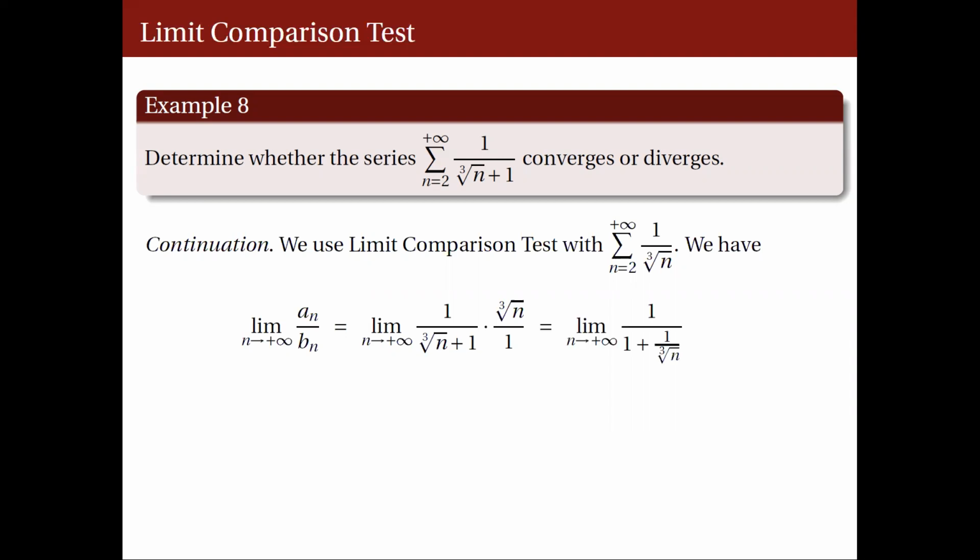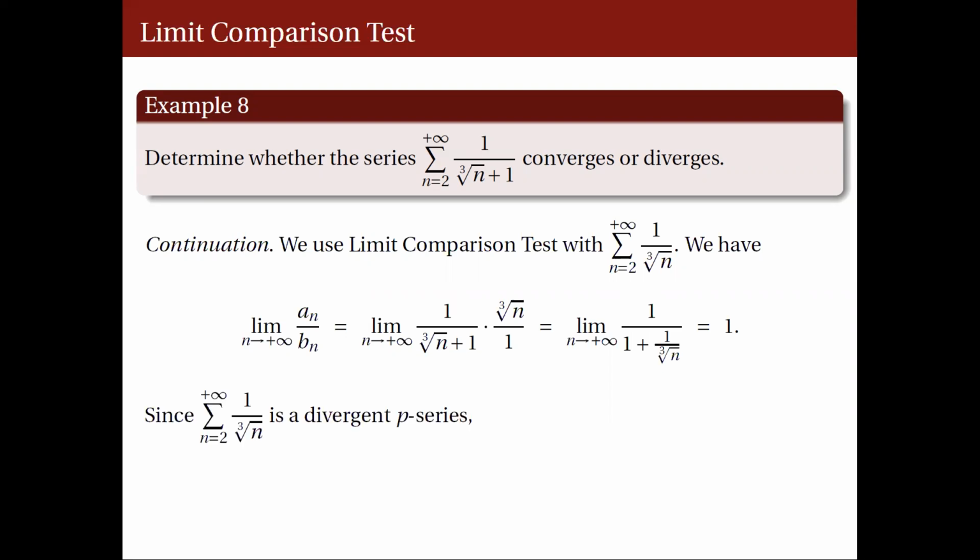I-divide lang natin ang numerator at ang denominator by cube root of n to get the following limit. And as n goes to infinity, papunta lang ito sa 1, which is greater than 0.